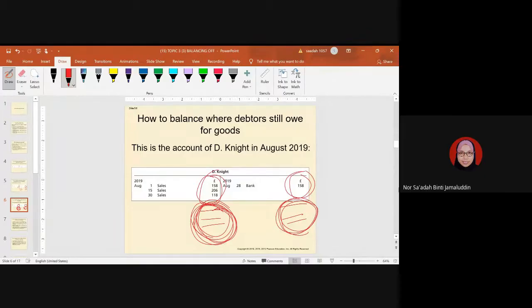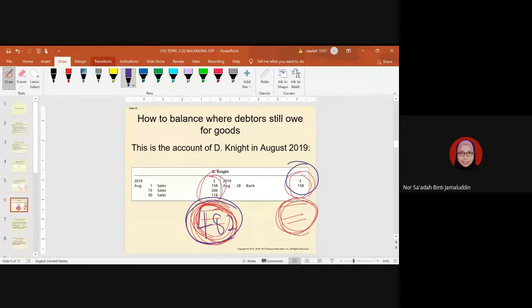So you should add on all the amount in the debit side. Let's say 158, 206 and then 118. You will get 482. So here debit side amount is greater than the credit amount.